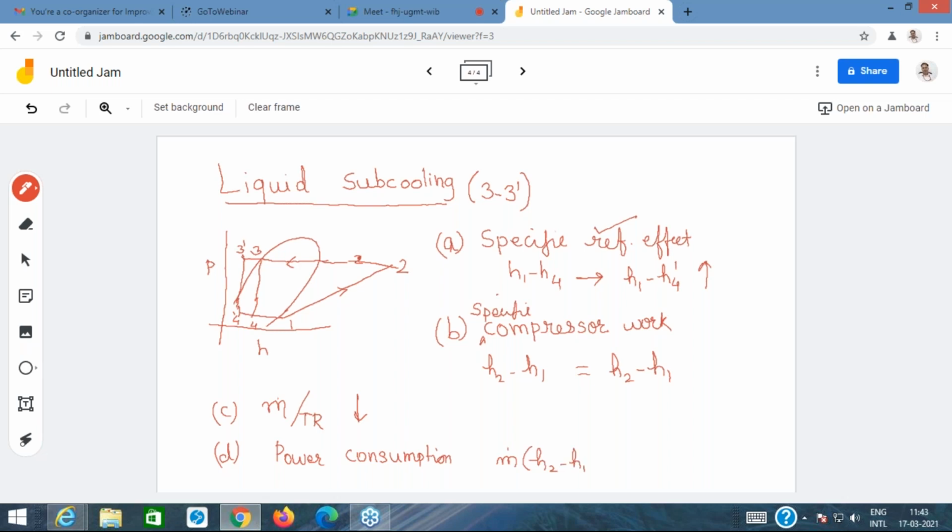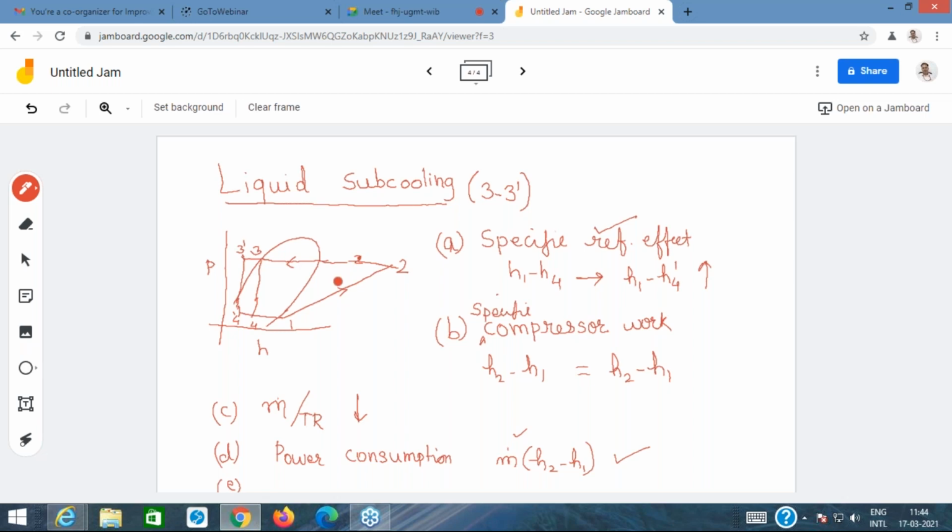Because the mass flow rate per tonnage of the system capacity decreases, the total power consumption per TR would decrease. And this would obviously be a positive contribution because of liquid subcooling. So liquid subcooling is desirable if you achieve it this way, that is in the discharge line of the condenser. And we will discuss shortly what would happen if the liquid subcooling is achieved in the condenser also.